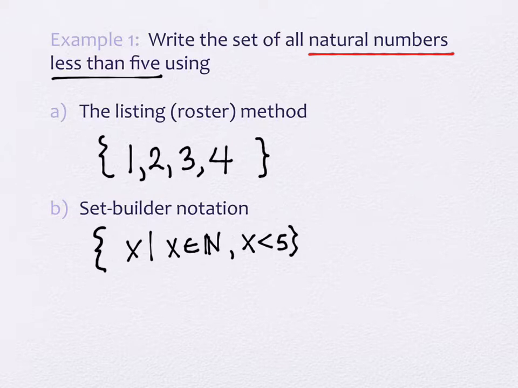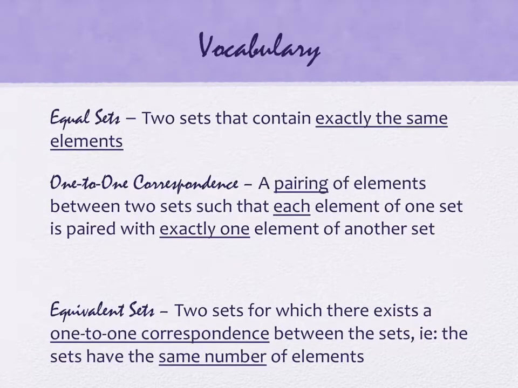So we're going to have you go back and forth a little bit between these notations just to get familiar with them. A little bit more vocabulary. Equal sets are two sets that contain the exact same elements. So for example, if I talk to you about the set of people in my immediate family that live in my house, and my husband talked to you about his people that are in his immediate family that live in his house, those would be equal sets.